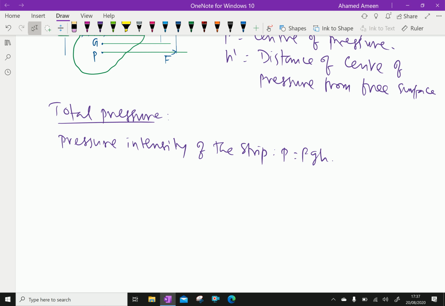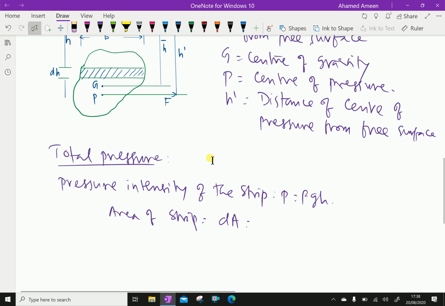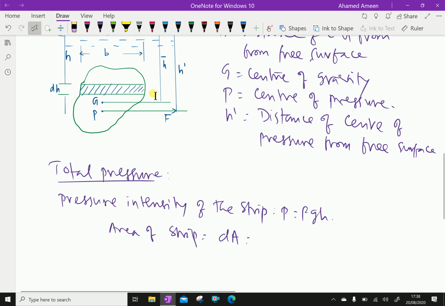Now, the area of the strip, delta A, is equal to b into dh, the small strip b dh.